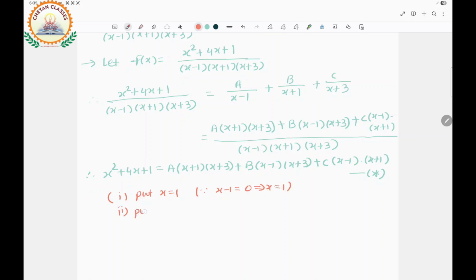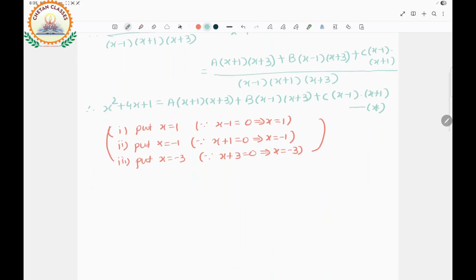Second, we put x is equal to −1, since x + 1 is equal to 0. And third, put x is equal to −3. Why? Because x + 3 is equal to 0, so x is equal to −3. Okay. So put one by one in equation star.